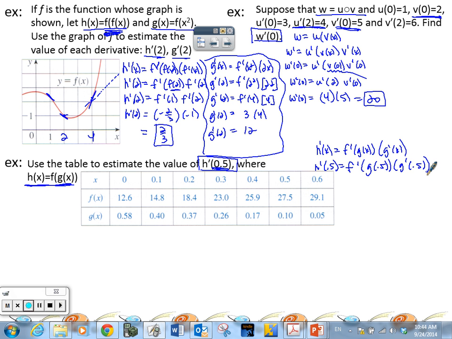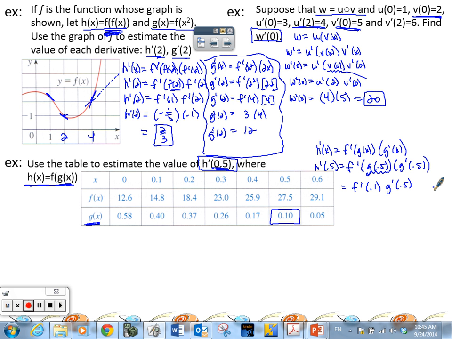I'm not going too fast, am I? Are we okay? All right, so the function value should be pretty straightforward for us to get. Hopefully they have it in the chart for us. We just need g of 0.5. So here's our g function, and 0.5 is here, so g of 0.5 would be 0.1. So that equals f prime of 0.1 times g prime of 0.5.